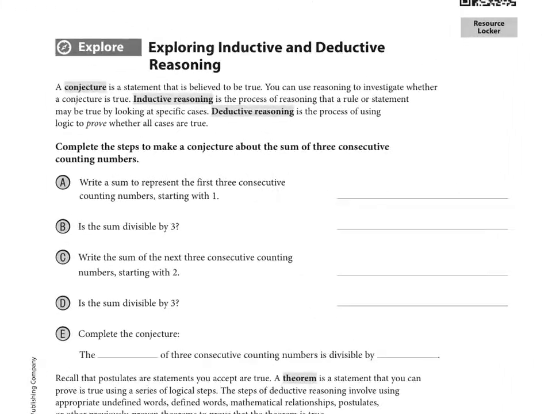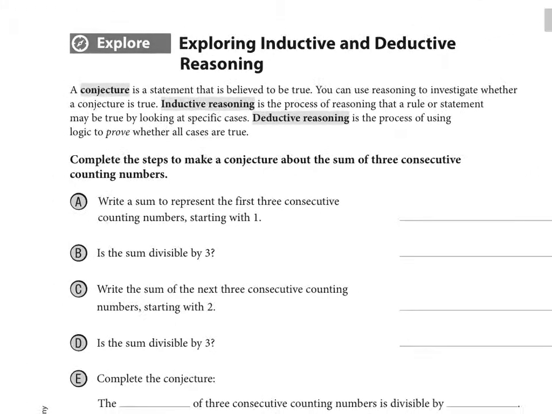So let's look at some vocab words. I'm not going to go too deep into these, but first is conjecture. Think of it as a hypothesis in science. We think it's true, but we're not exactly sure, so we can investigate a little bit more to see if it is true. So we can prove a conjecture is true or not. And the way that we prove is using two types of reasoning, and that's inductive reasoning and deductive reasoning.